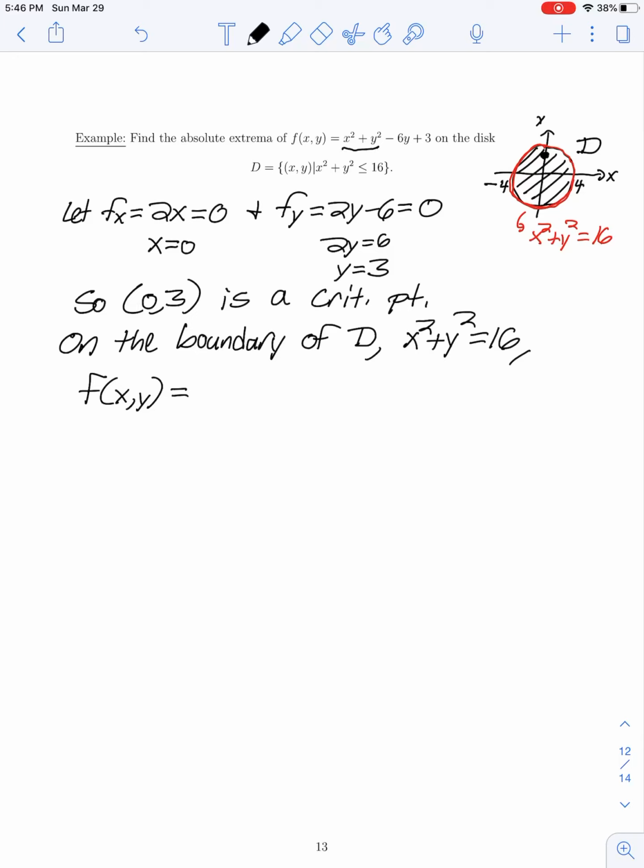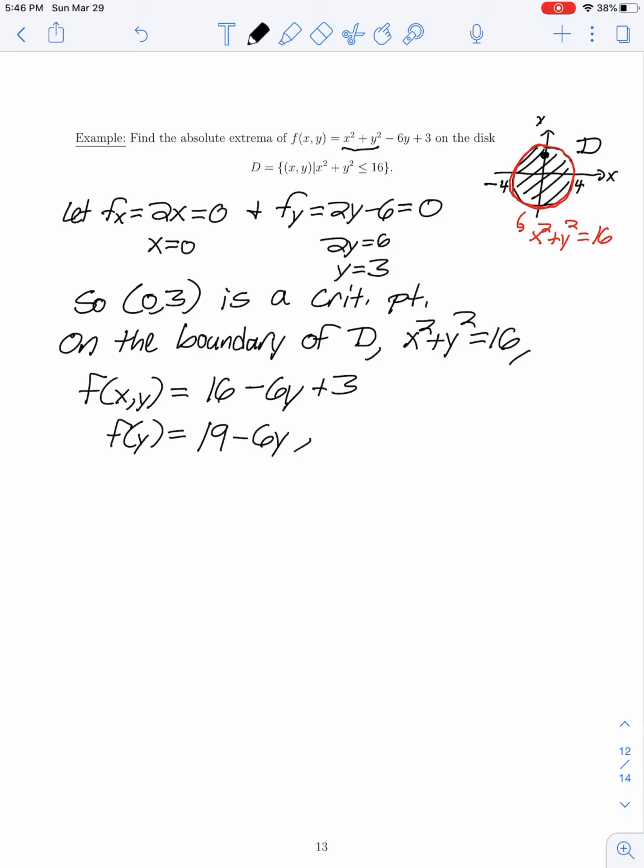So our function f of x and y is given by x squared plus y squared, which we just said is equal to 16 for points on the edge of our disk. Then we have our minus 6y plus 3.